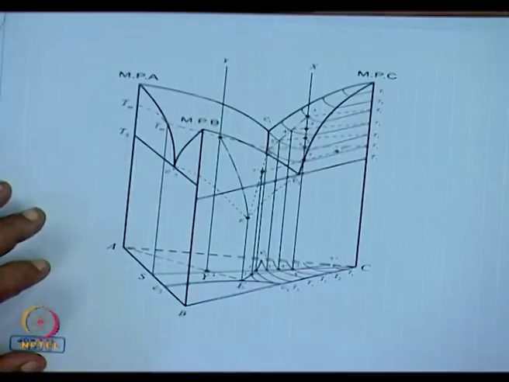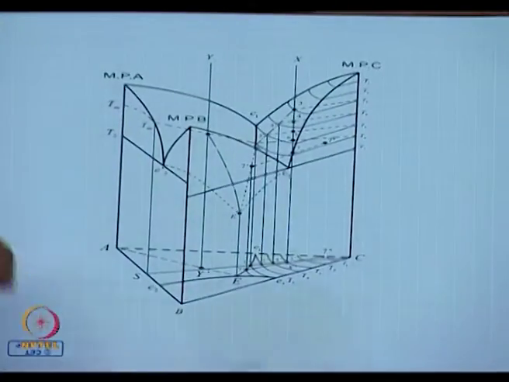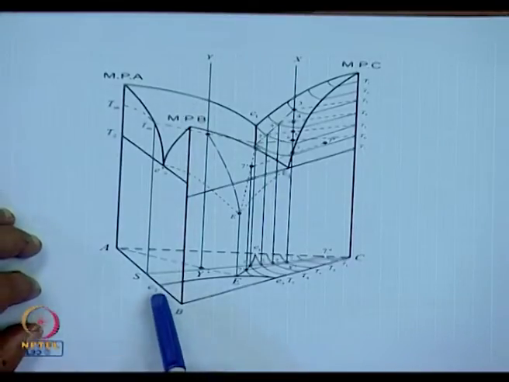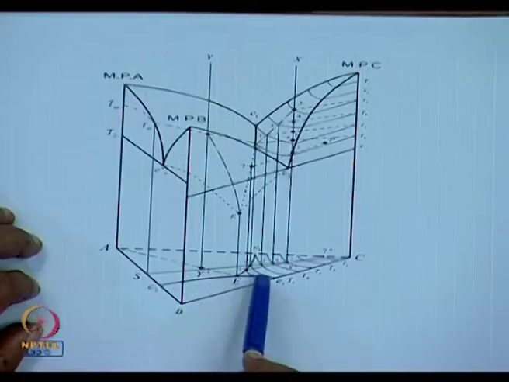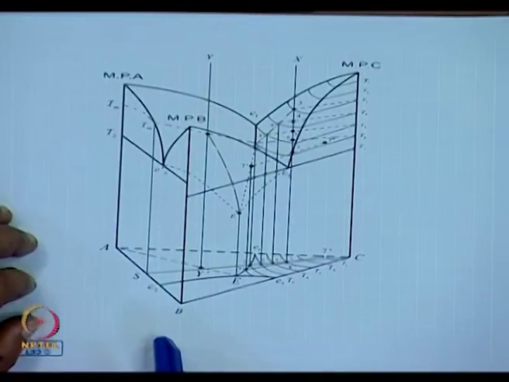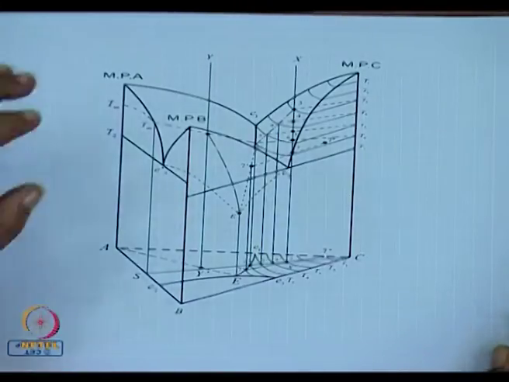Now let me take things a bit further over here. I have already drawn the lines E2E, E3E, E1E. Now let me bring in the temperature axis.